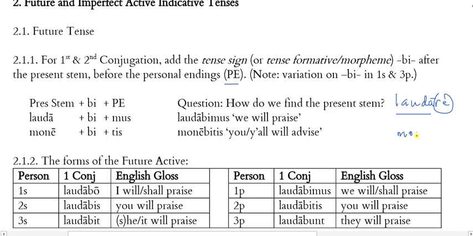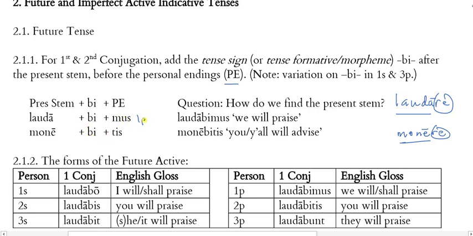If you remember, monere, okay, again, we take monere, the infinitive, drop the -re, and what we're left with is the present stem. So we're going to be using lauda with the long A and mone with the long E for our present stem. We're adding -bi, and then we're adding our personal endings.